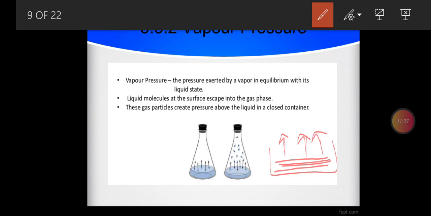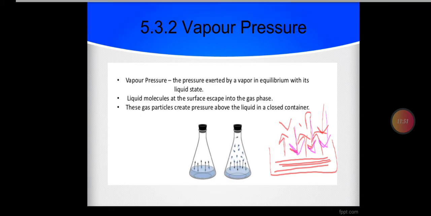As a result of this evaporation, vapors are collected, and these vapors start exerting pressure on the surface of the liquid. The pressure exerted by these vapors is said to be the vapor pressure.